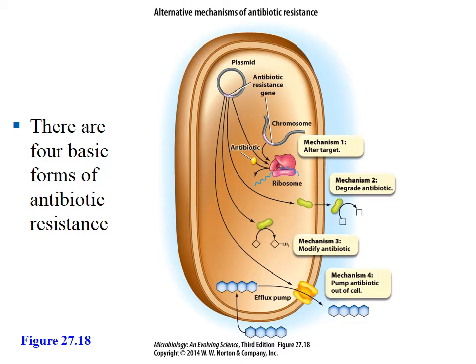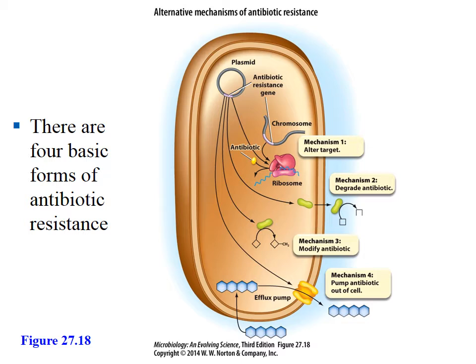The second mechanism is that the antibiotic can be degraded, because the bacteria have an enzyme that deactivates the antibiotic. We see this with penicillin. There are bacteria that have penicillinase, ase enzymes that deactivate penicillin.